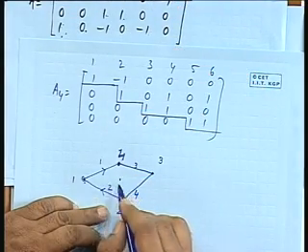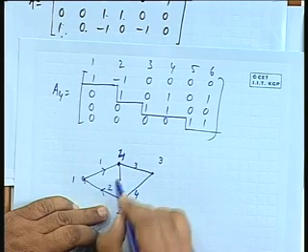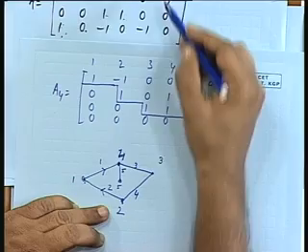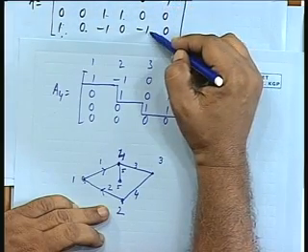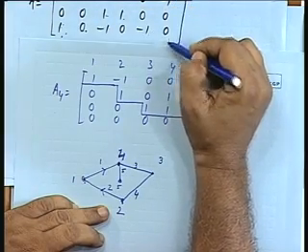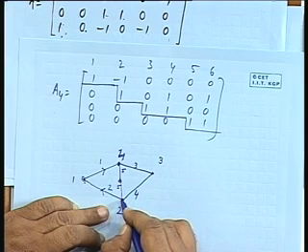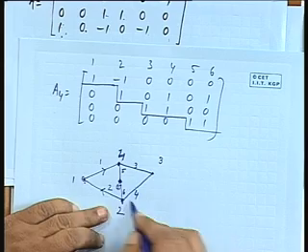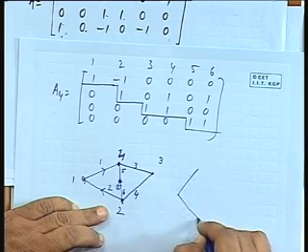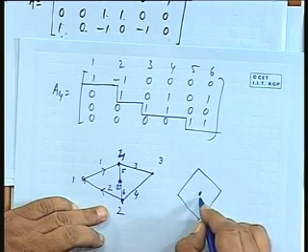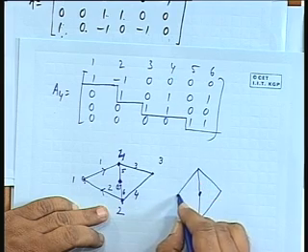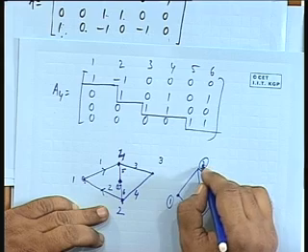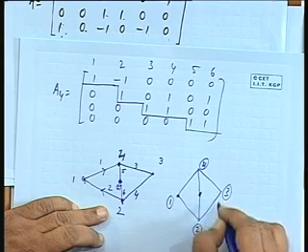So, between 4 and 5, this is element 5, this is node 5, and between 2 and 5 is element number 6, this is node 5, okay. So, this was actually the structure.